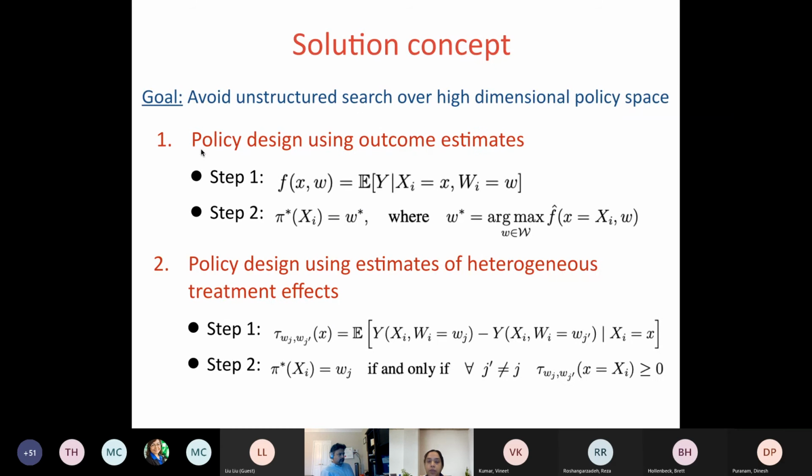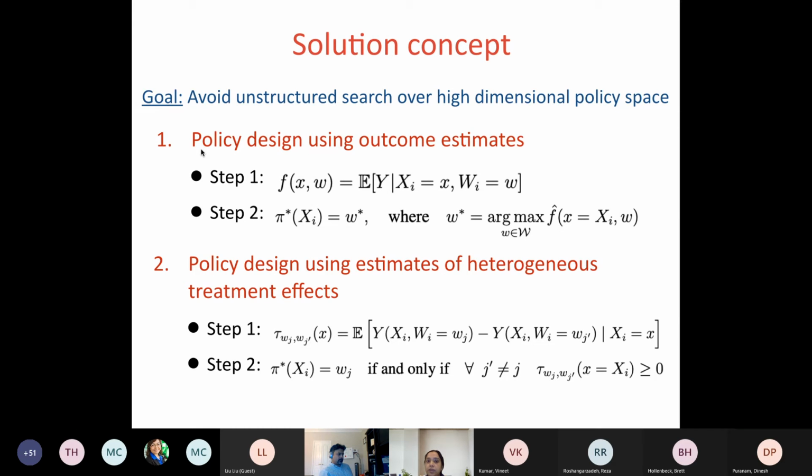If you really thought about searching for this optimal policy from an unstructured perspective, this is a search over a very, very large policy space, and doing it without imposing any assumptions is going to be problematic for two reasons. One is, how do you even go about it?